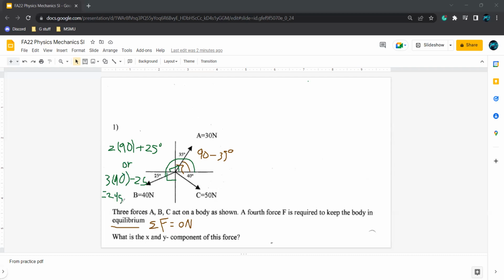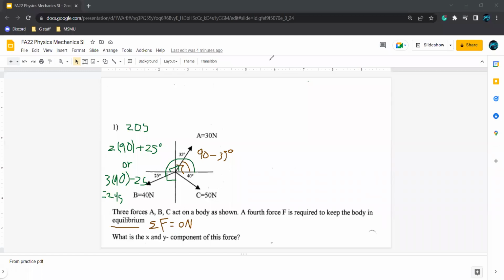Then the top one is 250. Nope. So this one's 205, not 250. And also this shouldn't be minus 25.